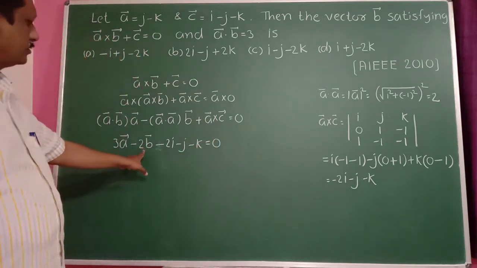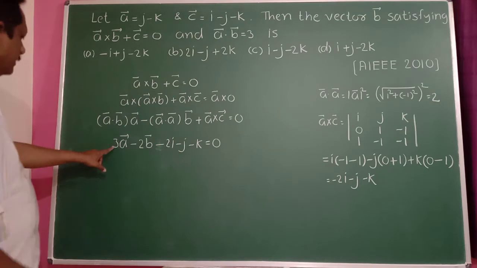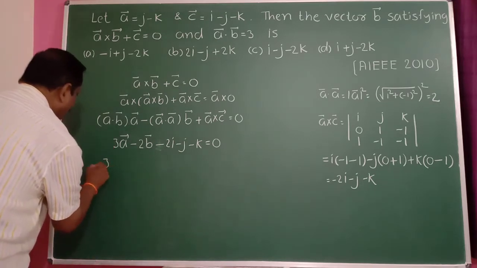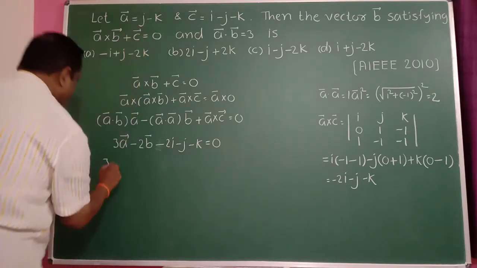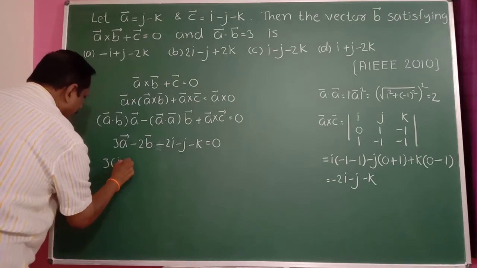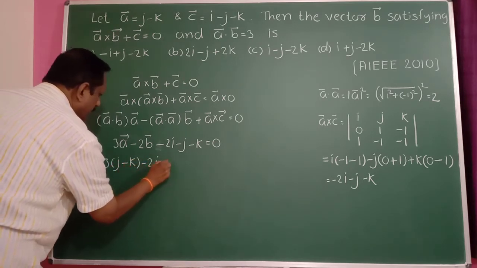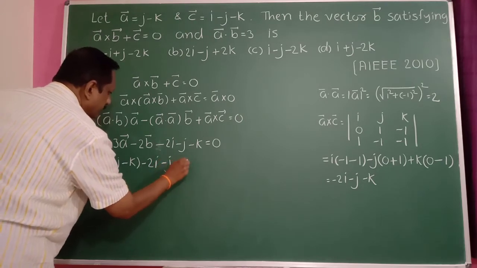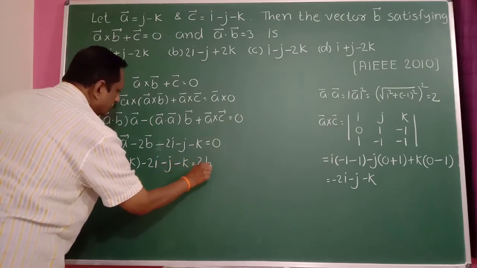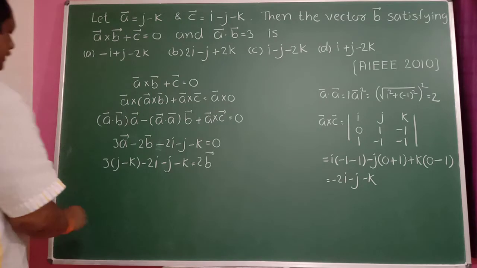Take minus 2 B bar to the right side here. Then 3 into vector A bar is this one here: J minus K, minus of 2I minus J minus K is equal to 2 into the vector B bar here.